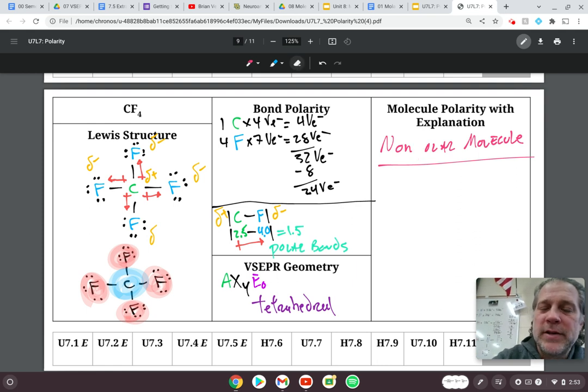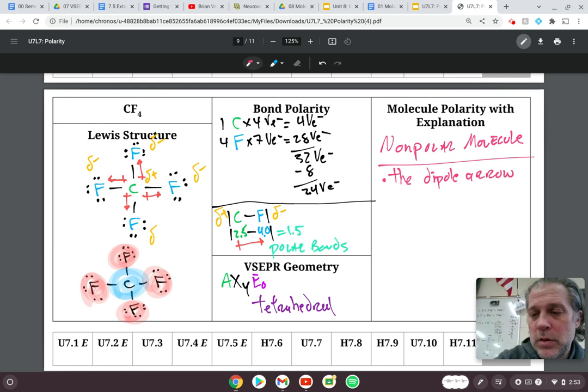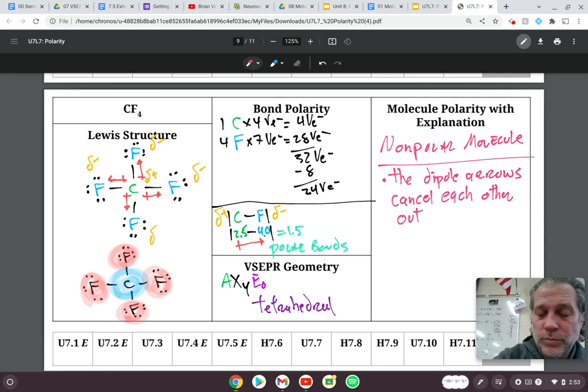So how we describe that is by saying that the dipole arrows cancel each other out, and if the dipole arrows cancel each other out, the molecule itself becomes nonpolar.